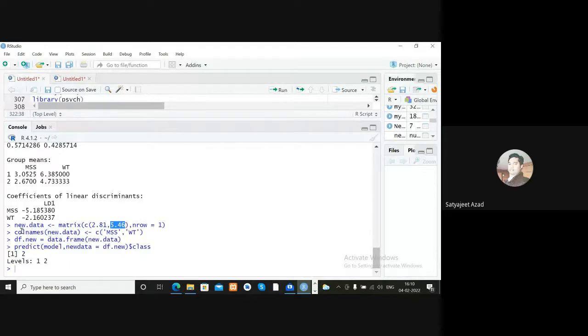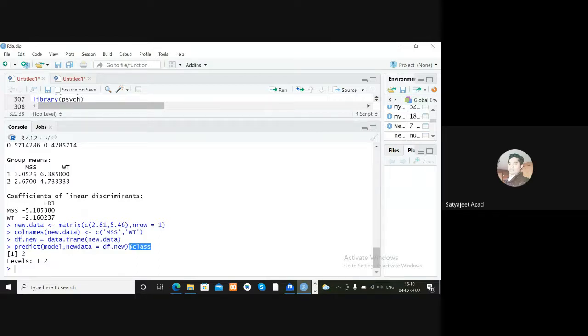So basically, this is a few commands to make this data frame, and we will try to predict it for new data. df.new, because we are saving it from new.data to df.new, and putting it into a class level.